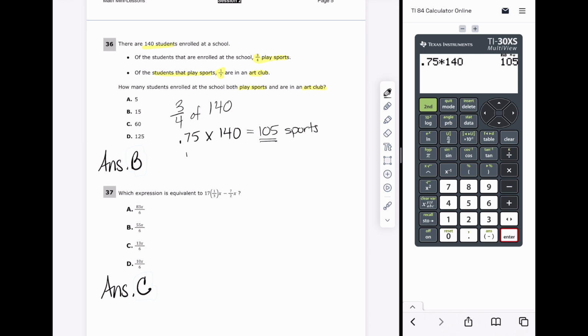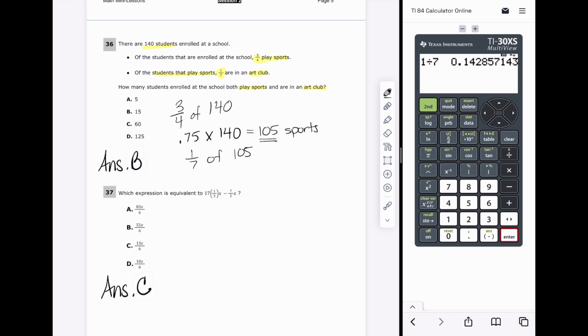And then it says of these kids who play sports, which is 105, 1/7 are in the art club. Okay. So I want to know what is 1/7 of 105. So this one, if I change 1/7 into a decimal, I am going to get an irrational number. I could round it.